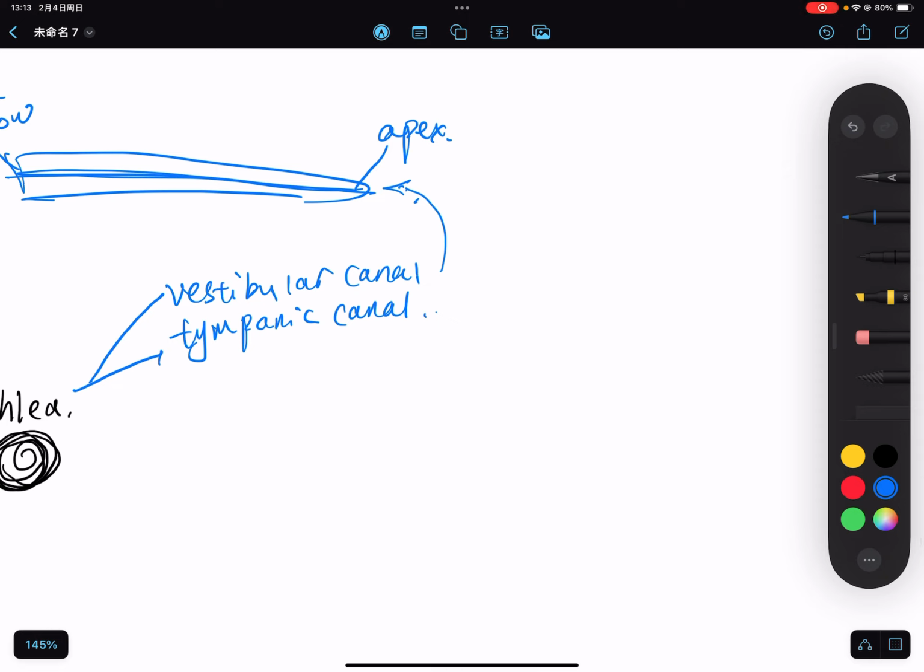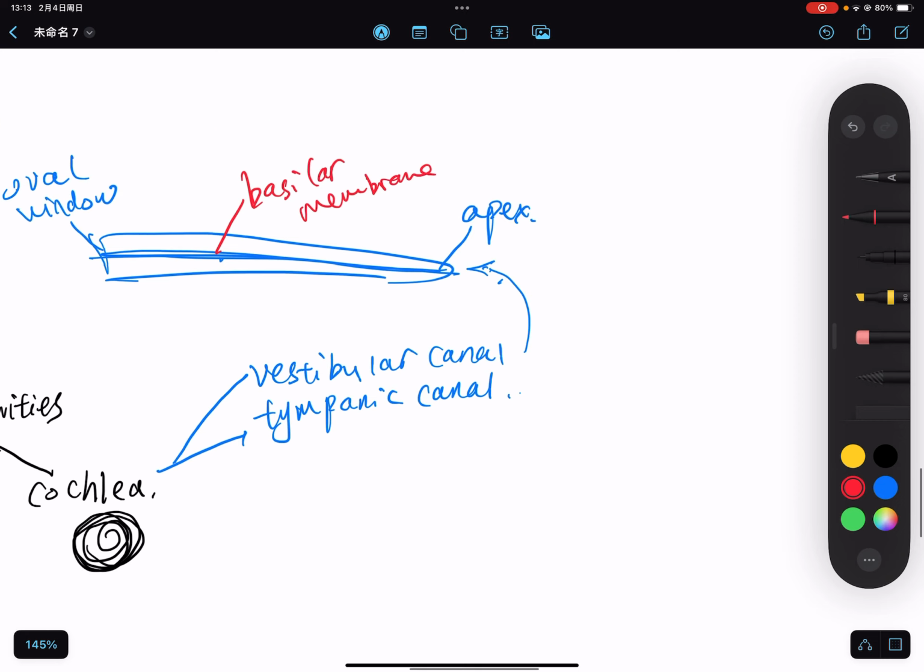So the cochlear duct is separated from the tympanic canal by the basilar membrane. It is something that separates them. So this one we call the basilar membrane. And this is vestibular, this is tympanic.